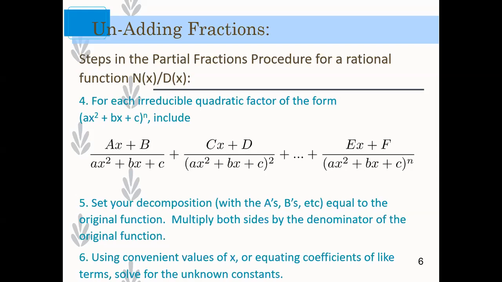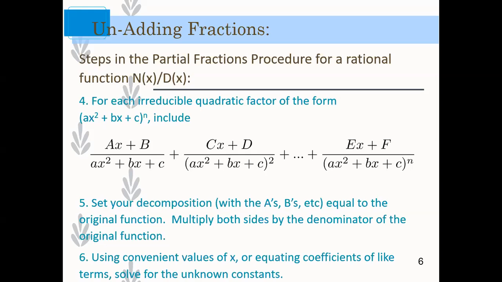Well, so I'm just talking about the form here. Anything of the form ax squared plus bx plus c raised to the power n, you crawl that thing up, first power, second power, all the way up to whatever power of ax squared plus bx plus c to the n you have. But notice what's the difference?